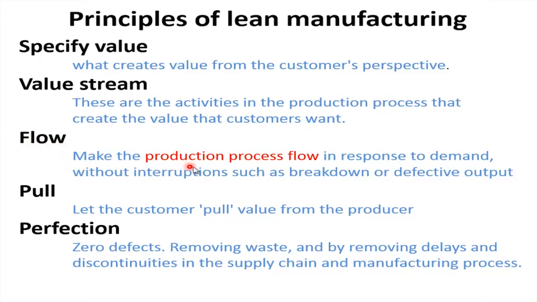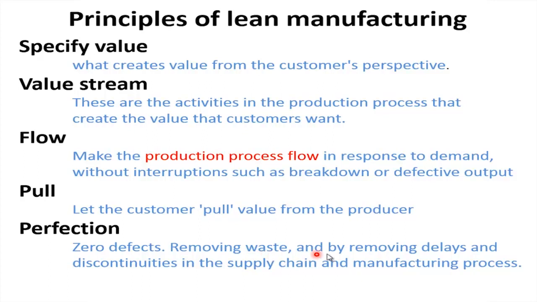Flow: make the production flow in response to demand without interruption such as breakdown or defective output, as I showed on the board. So, the production line and production process flow have to be aligned smoothly without giving any waste. Pull: let the customer pull value from the producer. The customer is able to get the fullest value from the producer. Perfection: zero defect, that has no defect.